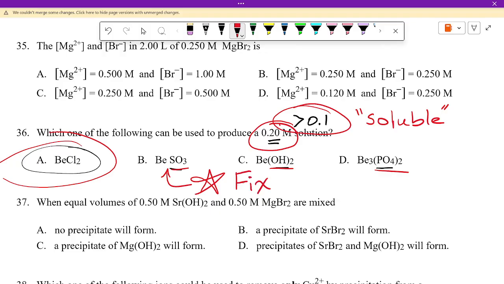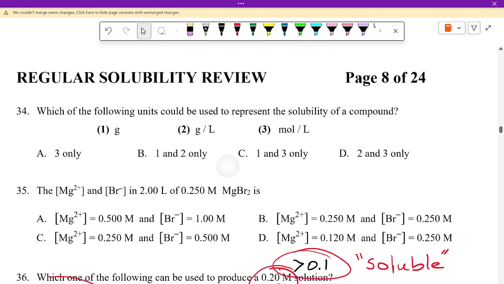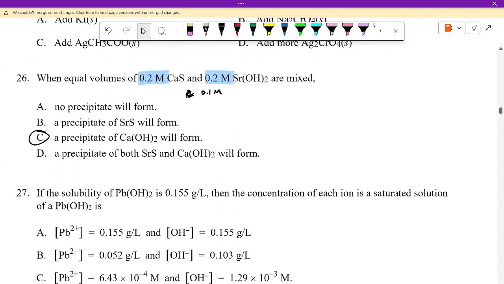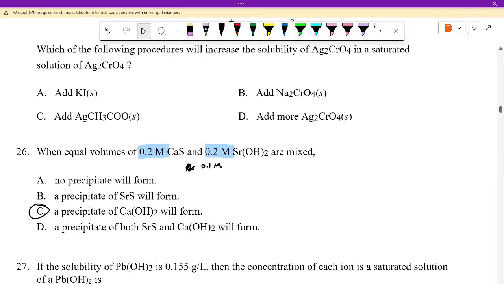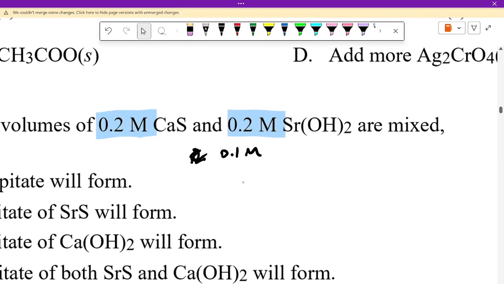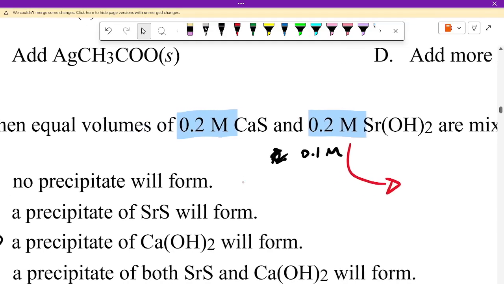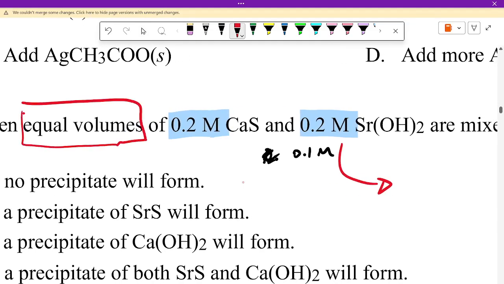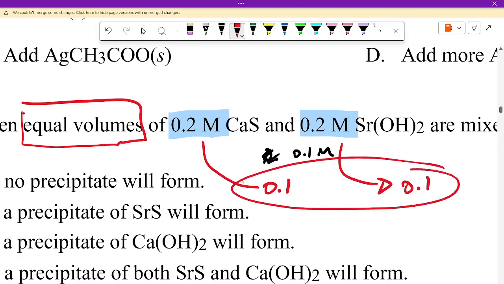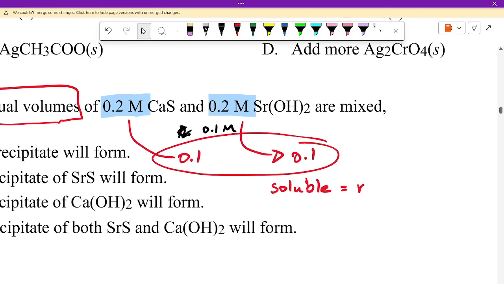Yes? 26? The reason it is 0.2 and 0.2 is that when we mix equal volumes, they become 0.1 and 0.1. If it's soluble, you'll get no precipitate, and if it's low solubility, you will get a precipitate.